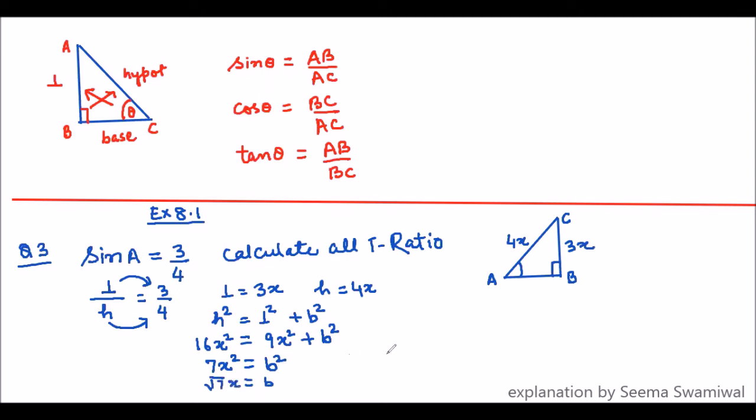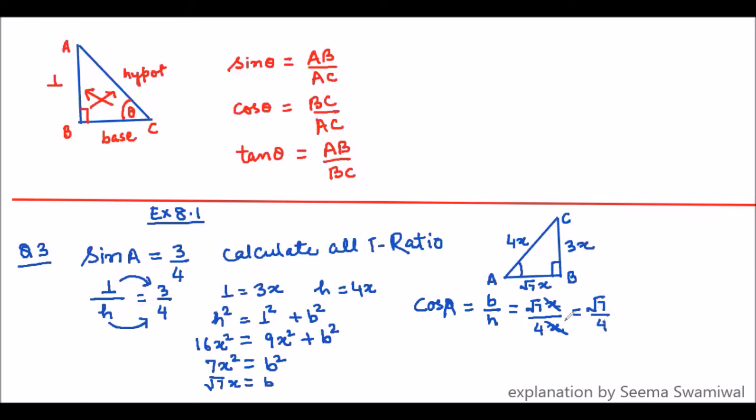Now we have all three sides of the triangle and we need to calculate all the trigonometric ratios. So cos theta, or we may say cos A, is equal to base upon hypot. Base you have already calculated, that is square root 7x, upon hypot 4x. So children, since you are getting a ratio, this x and this x will cancel each other. That means you will get square root 7 by 4.